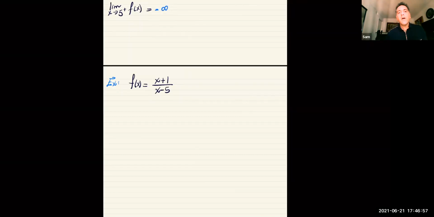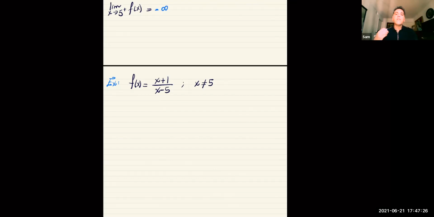Notice, guys, that this function is undefined when x is equal to 5. X here can't equal 5. That's out of the domain, okay? Just think about it from a numerical perspective. Of course, we can't plug 5 into this function. We get division by 0, and that's all messed up.